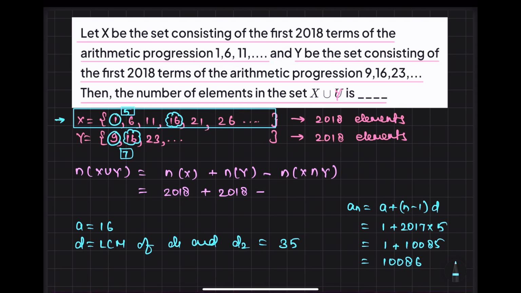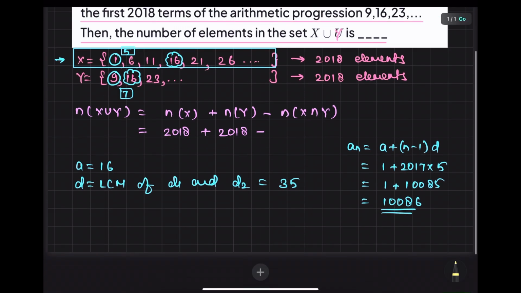Now we will find the location of this element in the common series, meaning we will find n for which this will be the last term.